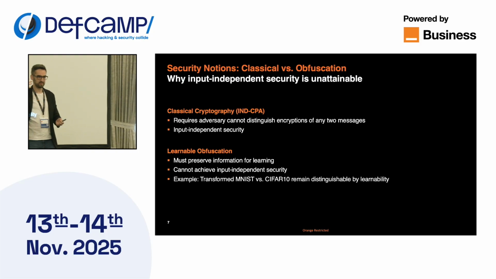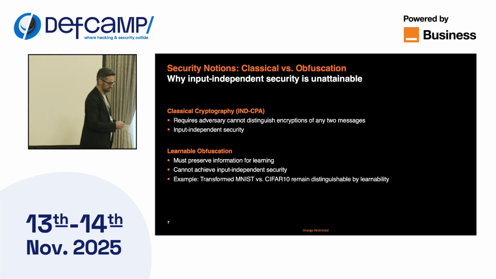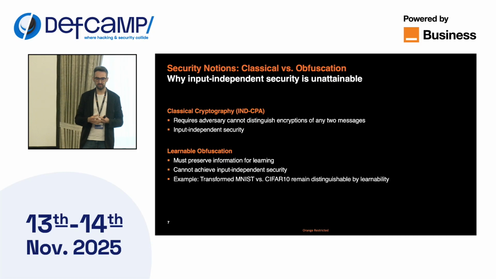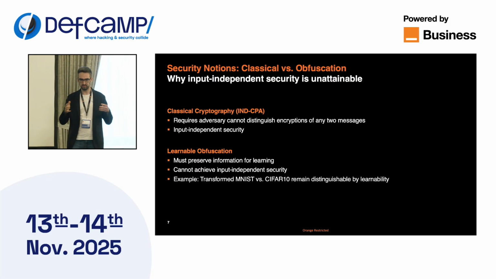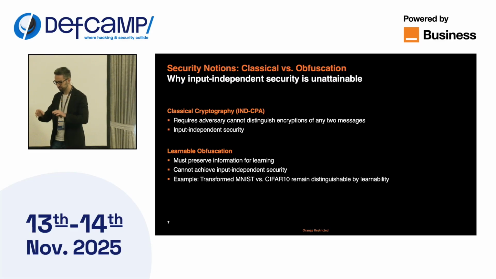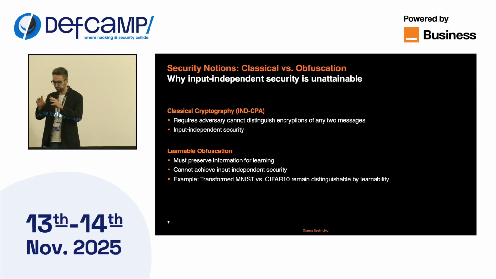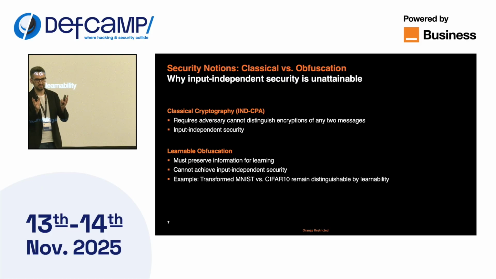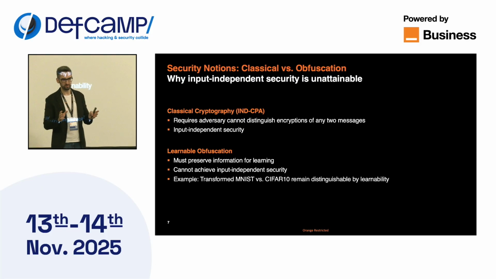And a classic security game for many encryption schemes is the indistinguishability chosen plaintext attack, in which imagine that we have a server, we call that server an oracle, for example. That oracle produces encryptions of the data.